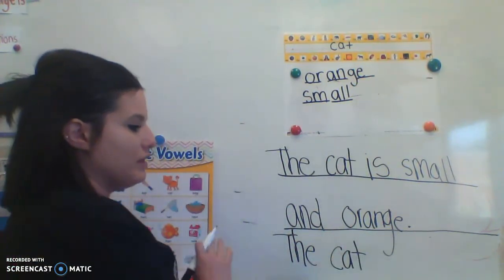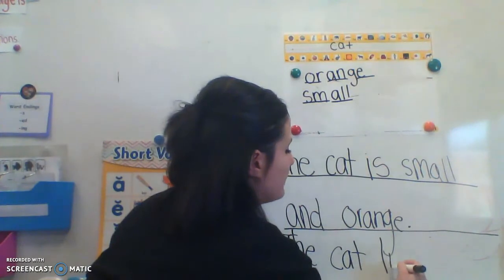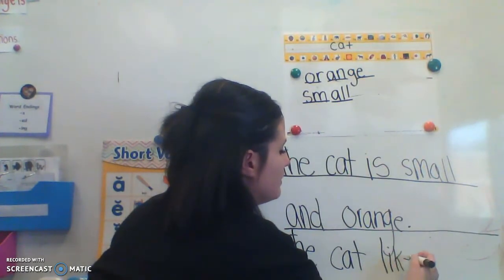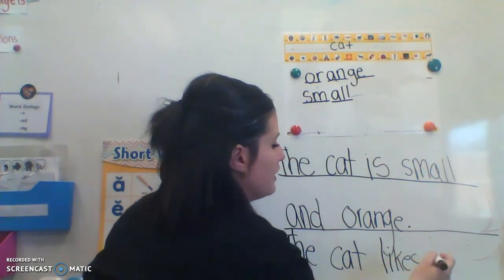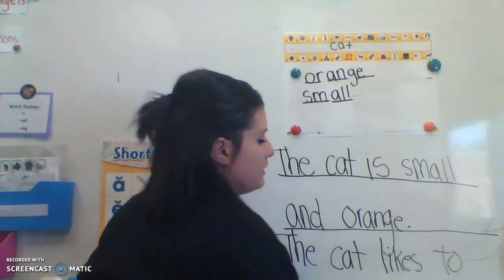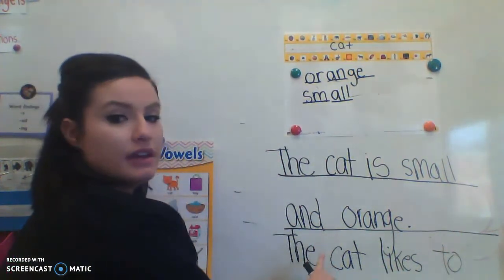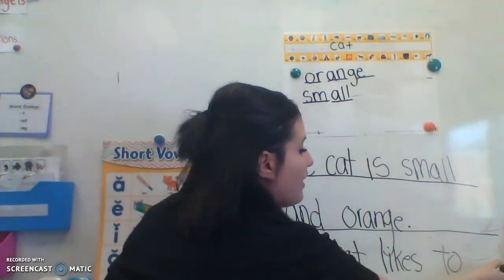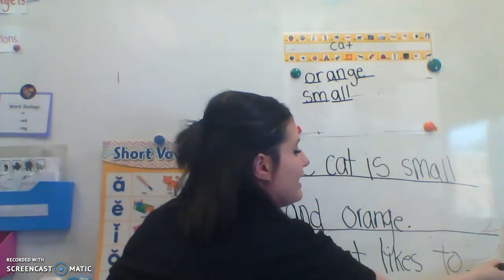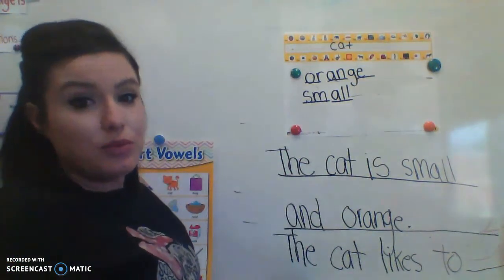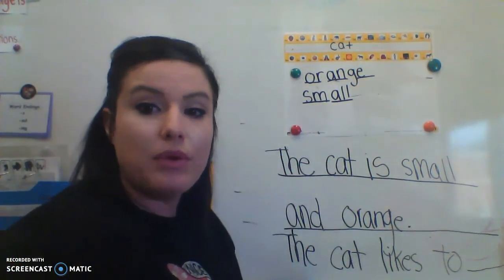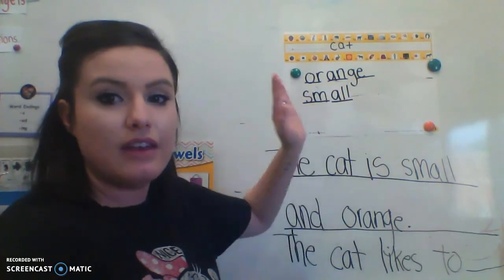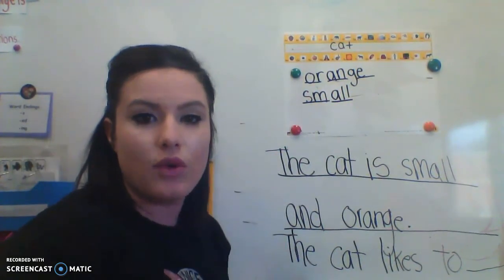Another new word, so another space, likes, and another space, to. So we have the cat likes to. Now I'm going to put a line here. I want you to fill that line in. Anything that you put here, you can write, boys and girls. Just remember, tap out your sounds and then try and think what letters make that sound, okay?